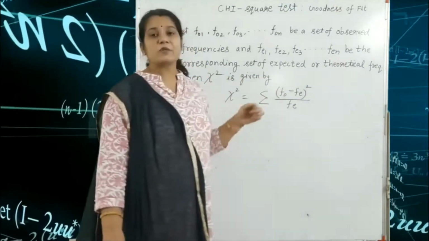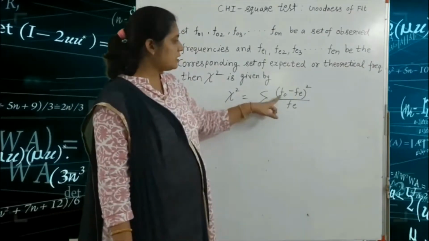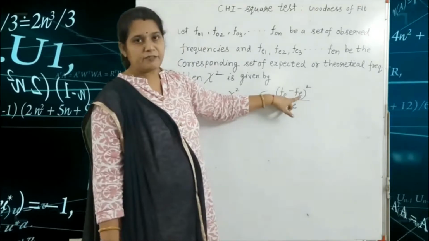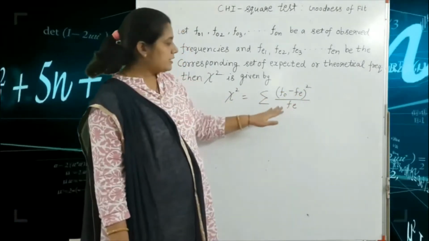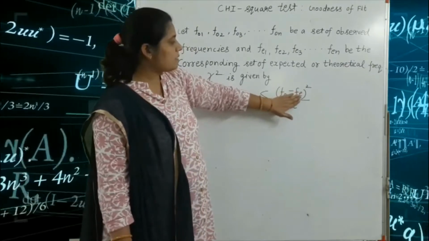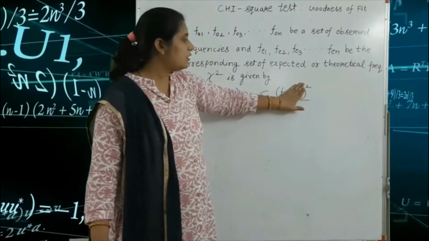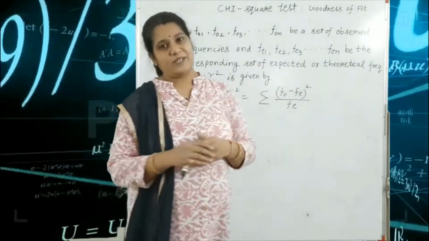Then chi-square is given by the formula: summation of observed frequency minus expected frequency, whole squared, divided by expected frequency. That means first we find F0 minus Fe whole squared divided by Fe for each column, and after that we take the summation, and we get the chi-square.